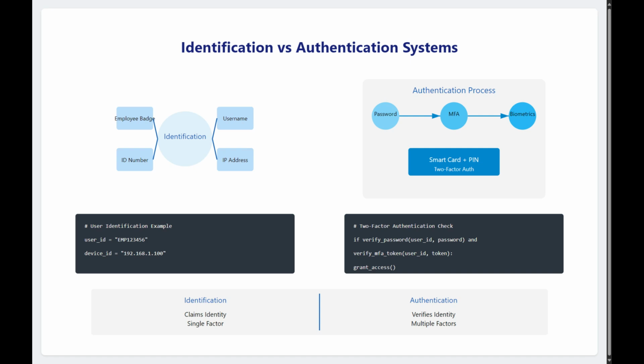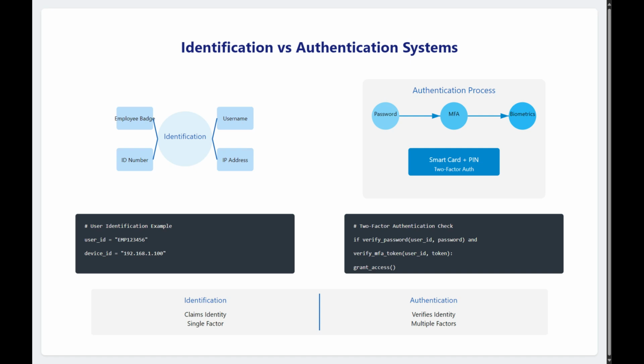Furthermore, authentication can utilize biometric validation methods, which verify identity through unique physical characteristics. Another robust authentication approach involves smart card systems, where users must both possess the physical card and know the associated PIN, creating a two-factor authentication process.